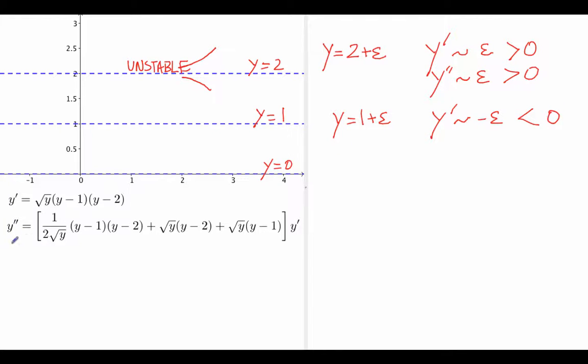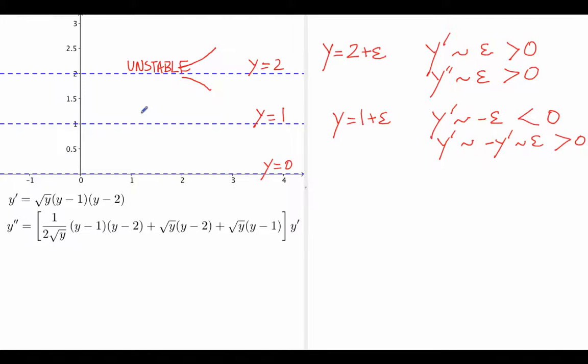Similarly, let's look at y double prime. So this doesn't matter and this doesn't matter, but this over here will be minus 1 into y prime. So that's minus of y prime, and that's like epsilon, and that is positive.